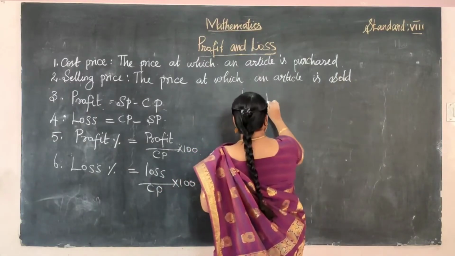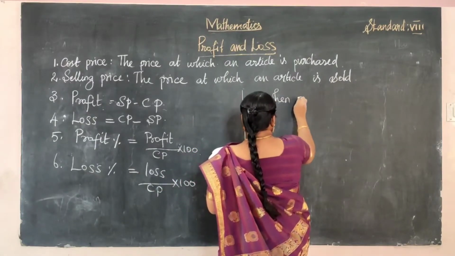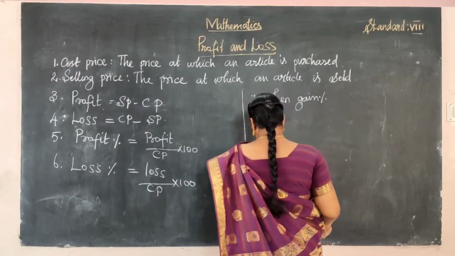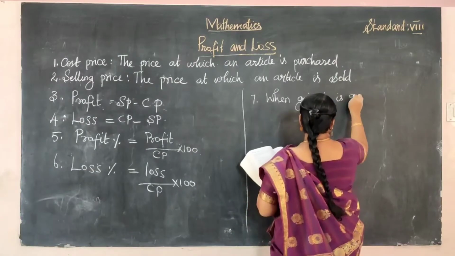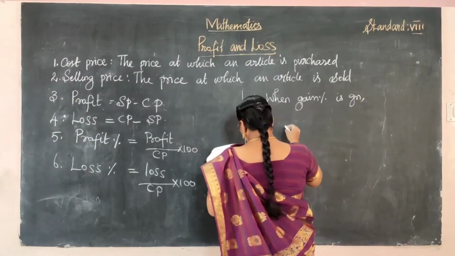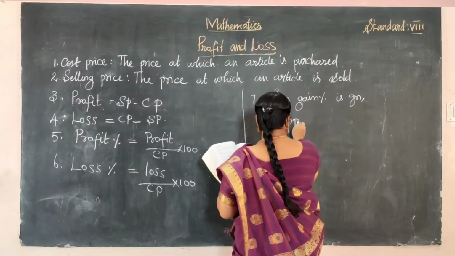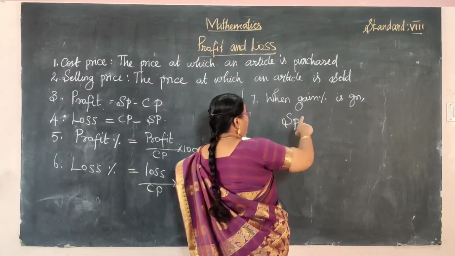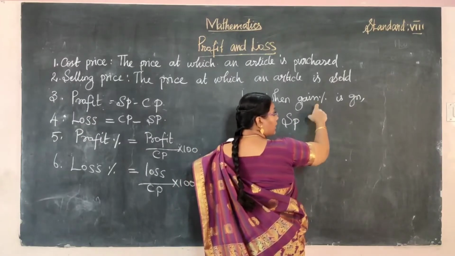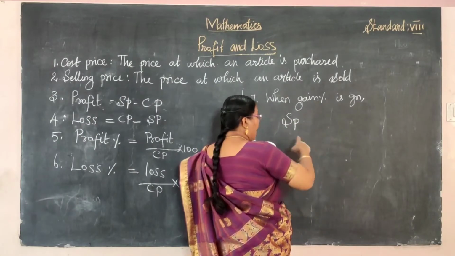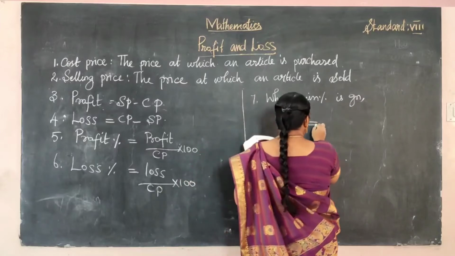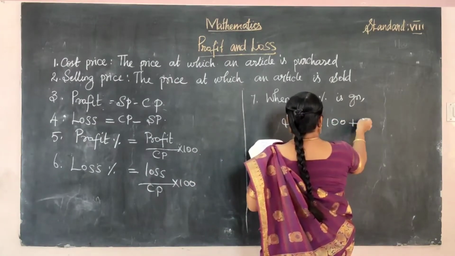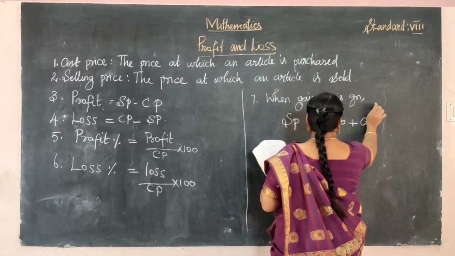See, gain or profit have the same meaning. Gain percentage is given, cost price is also given, and you have to find the selling price. The formula is selling price equals (100 plus gain percentage) divided by 100, into cost price.